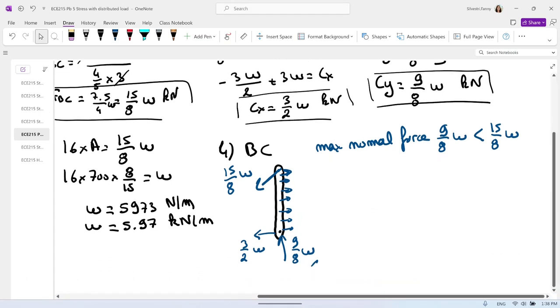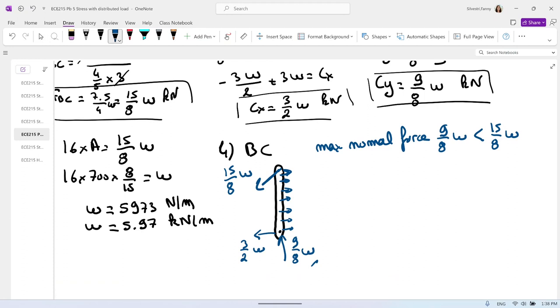Where is the largest shearing force? Here we have the 3/2 of W. This one is 15/8 of W. And if we look at just the shearing force in that direction, that's even lower, because we have a little 3, 4, 5 triangle. So that will be 4/5 of 15/8, that is less than 3/2 of W. So in the beam BC, the max shearing force will be the 3/2 of W, the max shearing force that is on the bottom, divided by the area.